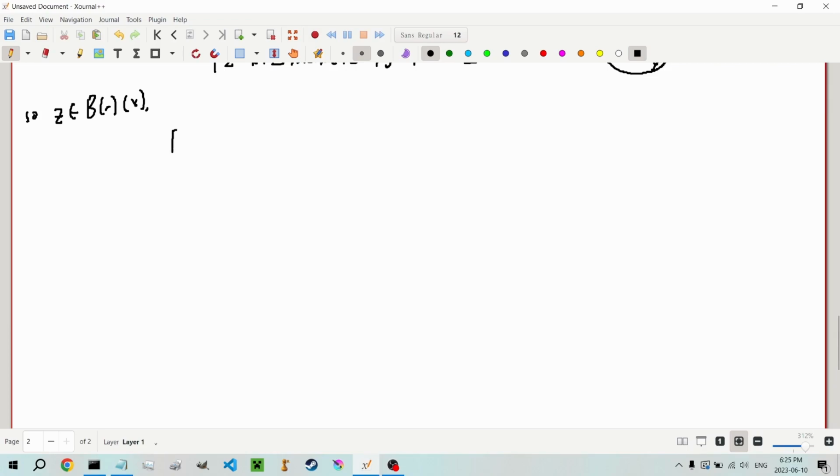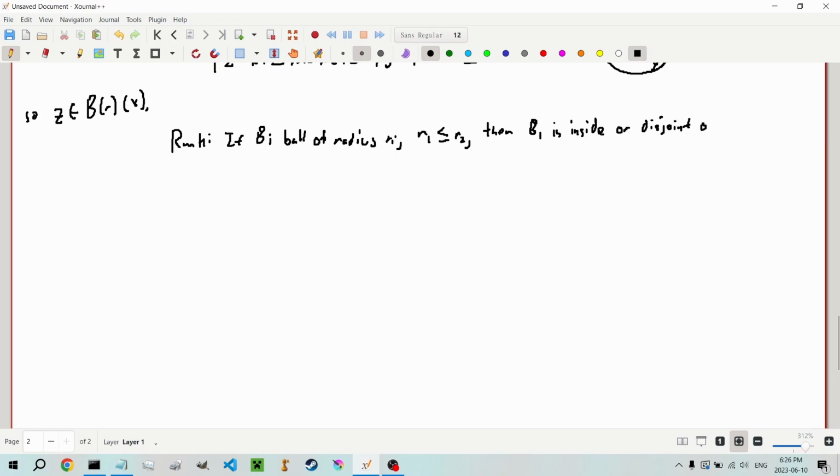And we also see if we have B_i being balls of radius r_i with r_1 being at most r_2, then B_1 is either inside of or disjoint from B_2.